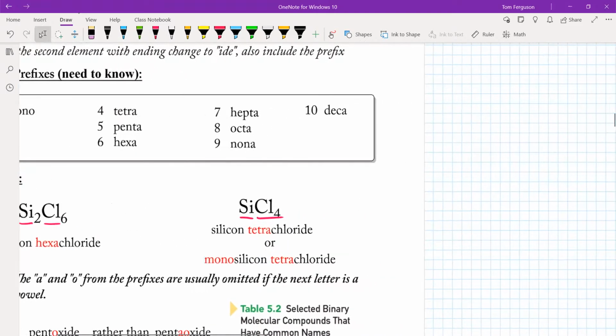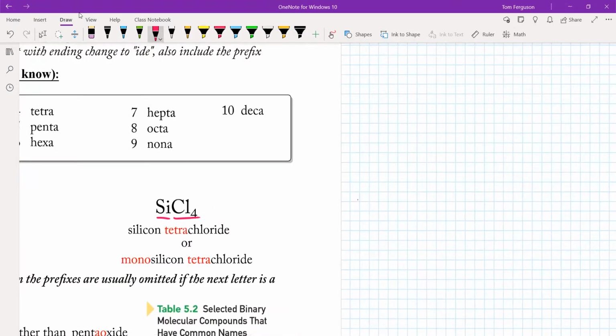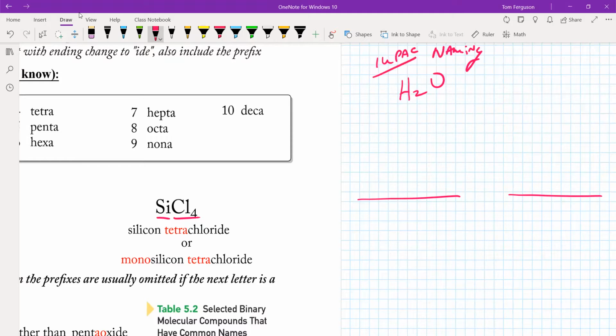Now, let's name that. We all know that's water, but let's name it using the official IUPAC naming. IUPAC stands for the International Union of Pure and Applied Chemistry.